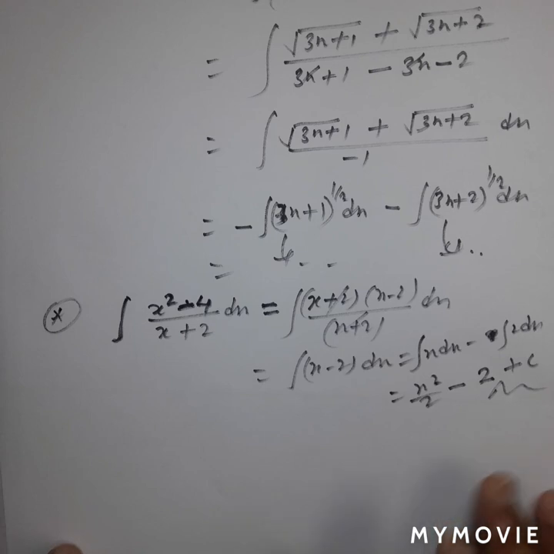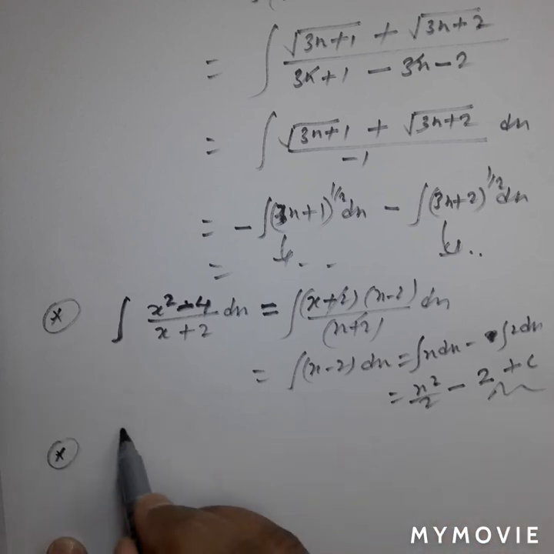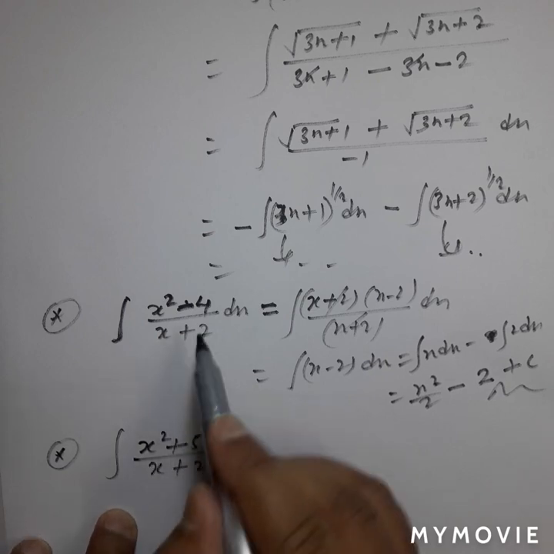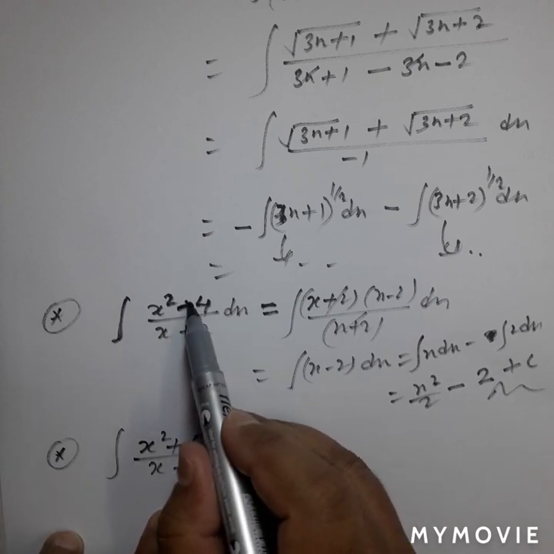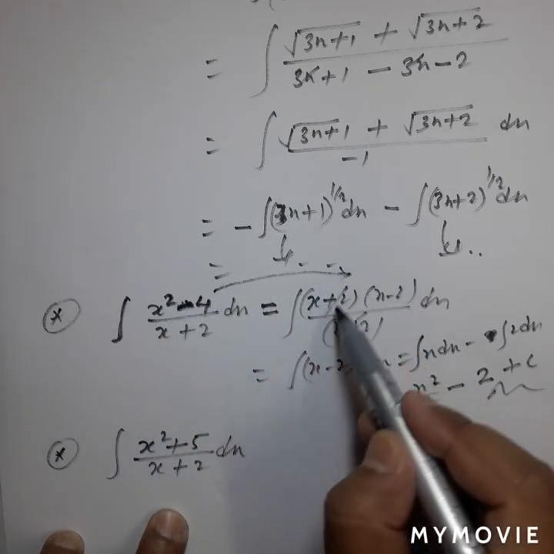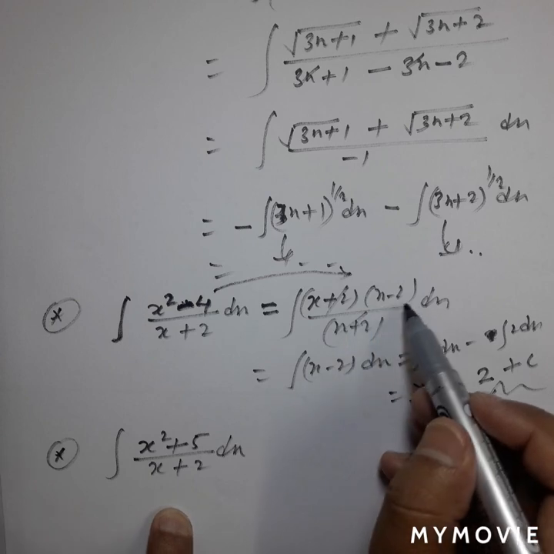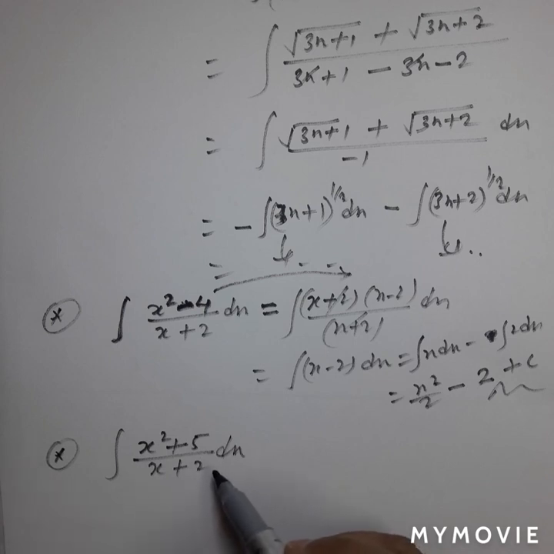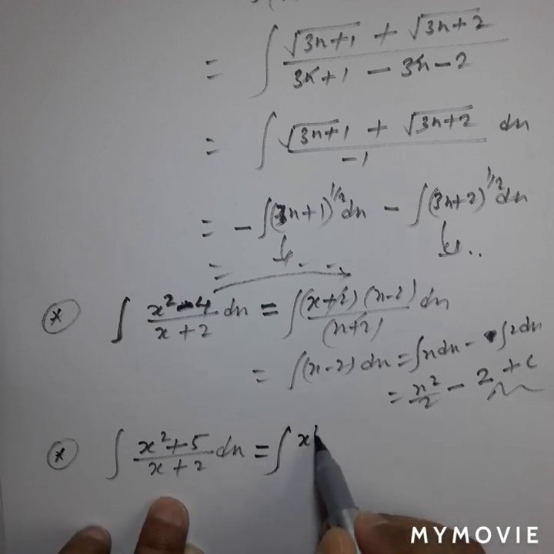And similarly, one more question: (x square plus 5) by (x plus 2) dx. Here was x square minus 4, that's why we opened this directly as (x plus 2) and (x minus 2) in formula, but here it is x square plus 5, so it's a little bit difficult. So in this case, we need to minus 4.